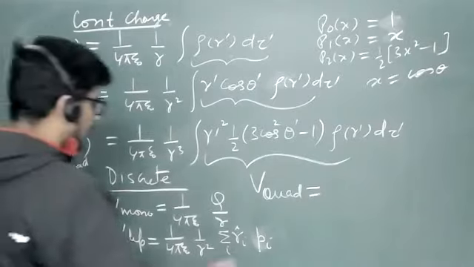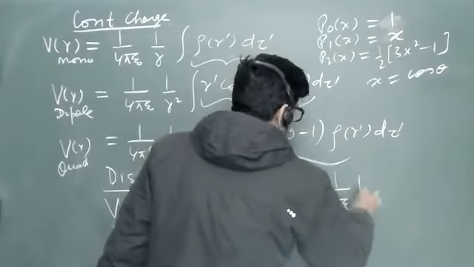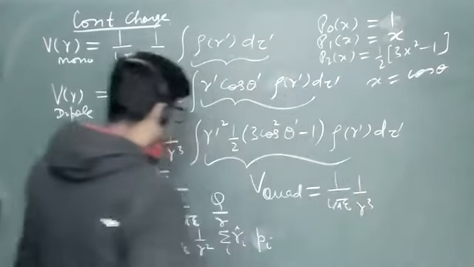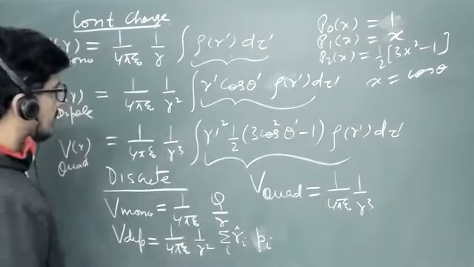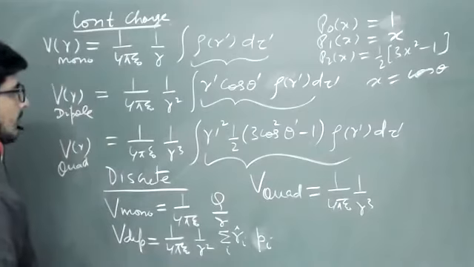So it will be 1/4 pi epsilon naught 1 by r cube, right? अब इस चीज को लिखना है. We have to write this thing in the form of summation. Okay? So how to write it?